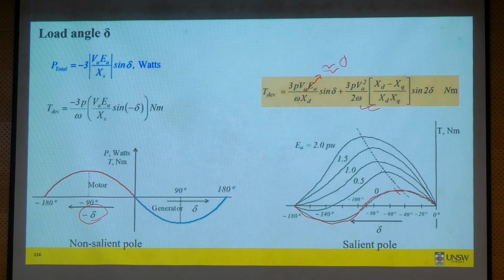And the peak happens at about 45 degrees. That is where the synchronous reluctance machine's peak torque occurs. So this is coming from all traditional equations, but they are equally valid for PM synchronous machine.